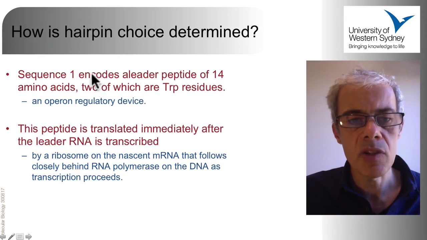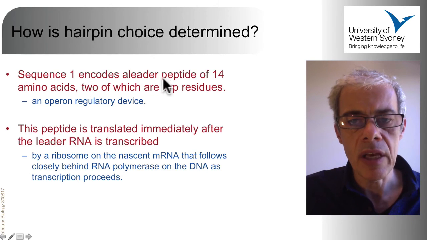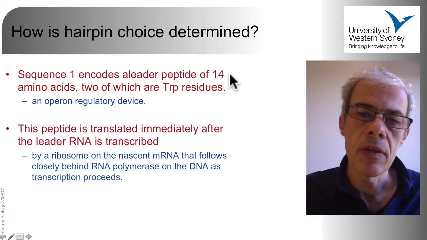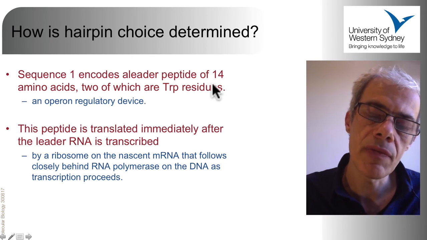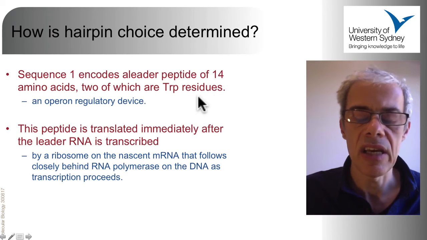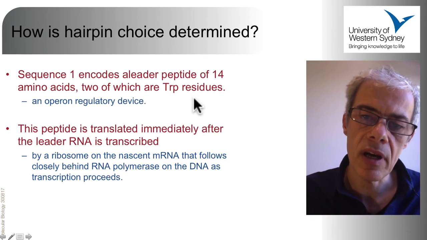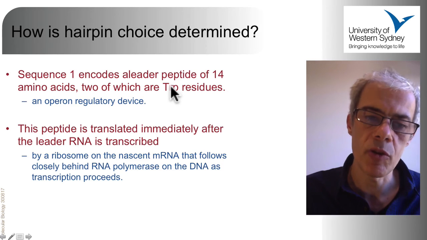We say that sequence 1 encodes a small peptide with two tryptophan residues. The peptide it encodes is only a 14 residue peptide, and it's not a functional protein, but it's a little peptide that requires the presence of tryptophan.